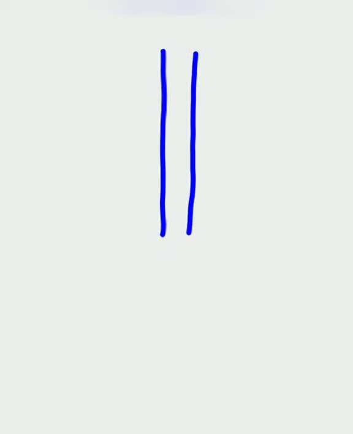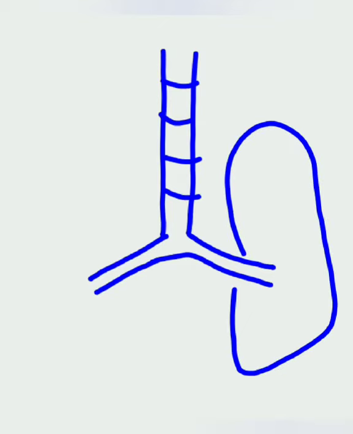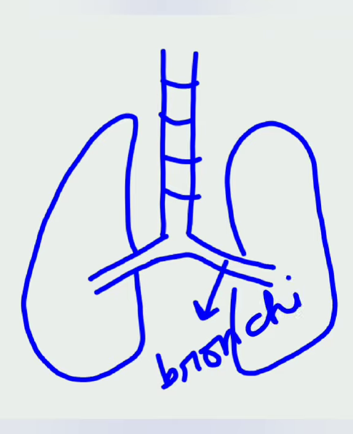Next are bronchi and bronchioles. The trachea, which contains C-shaped cartilaginous rings, divides into two tubes called bronchi. These bronchi lead to the left and the right lungs respectively, and each bronchus further divides into many branches.